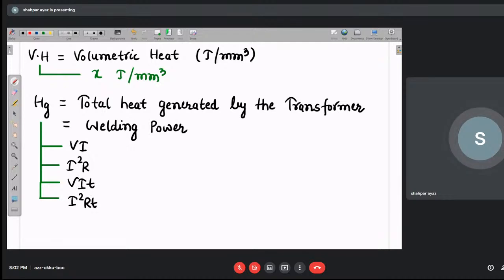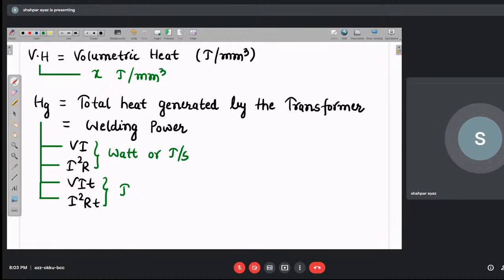So this is the total heat generated. The unit of this is watt, meaning joule per second, and the unit of VIT is joule, because I have multiplied by time.